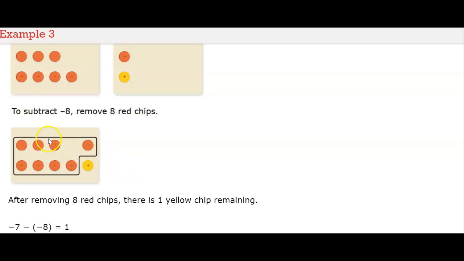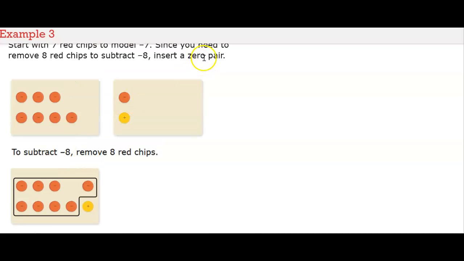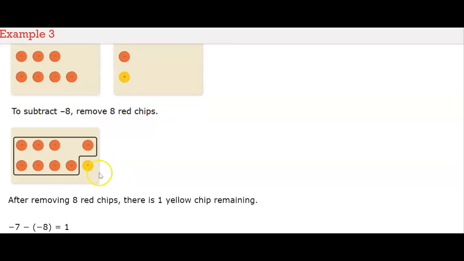So here they took away 1, 2, 3, 4, 5, 6, 7 chips, and then they placed another red chip to create the 0 pair. So that negative and positive is the 0 pair. After removing those 8 red chips, there is 1 yellow chip remaining. And so -7 minus -8 is equal to 1.